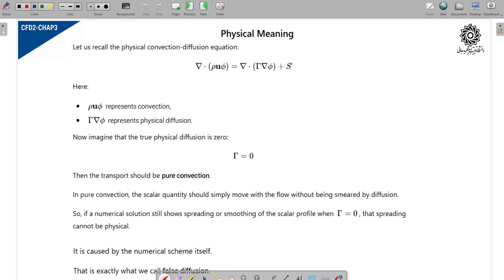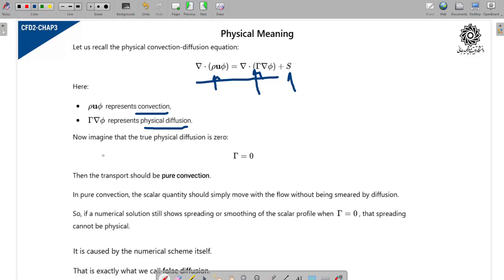Physical meaning. Let us recall the physical convection diffusion equation. This term is convection, this term is diffusion, and this term is the source term. Rho u phi represents convection, and gamma gradient phi represents the physical diffusion.